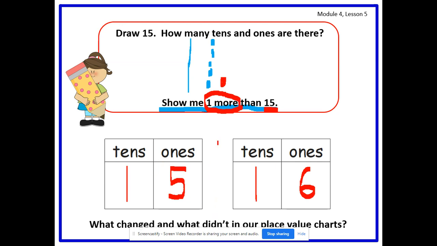So now look at both of my place value charts. What changed and what didn't in our place value charts? Well, I know that our tens stayed the same, but our ones changed. Do you notice we started with 5 and now we ended with 6 ones? Because we added one more only. Let's try another one.